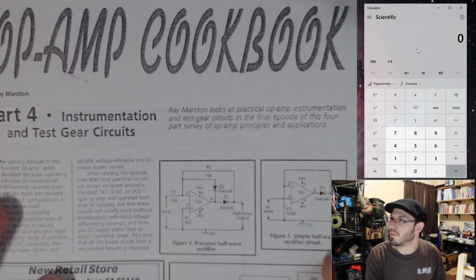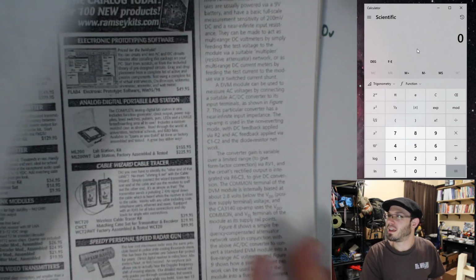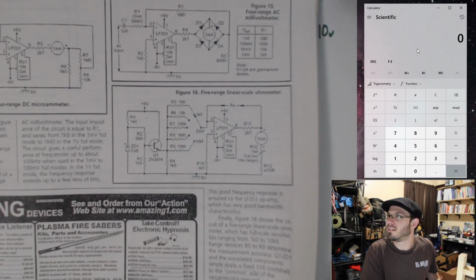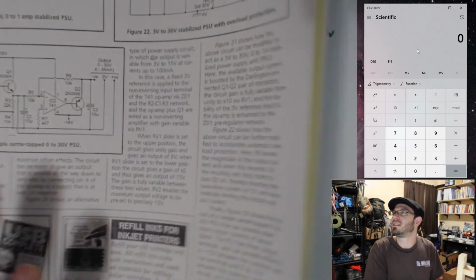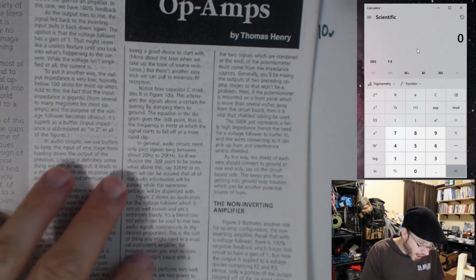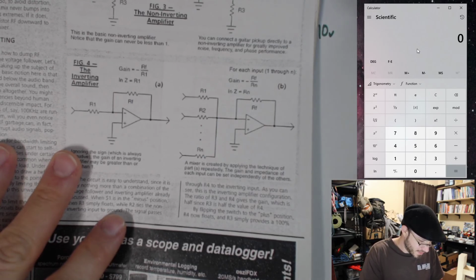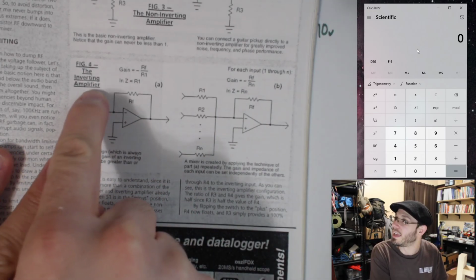It's the op-amp cookbook. Here's an op-amp circuit. Here's an op-amp circuit. Here's more op-amp circuits. All of these just have names. Audio design with op-amps. Inverting amplifier.